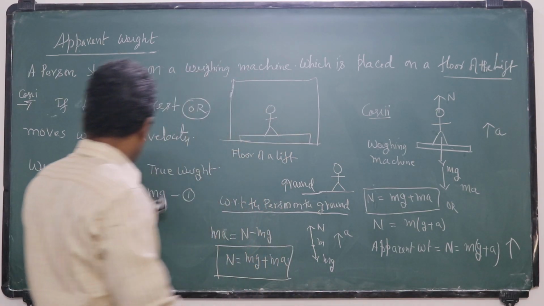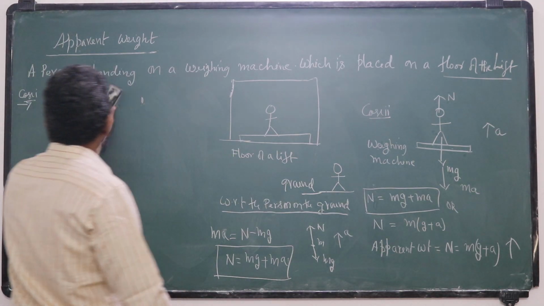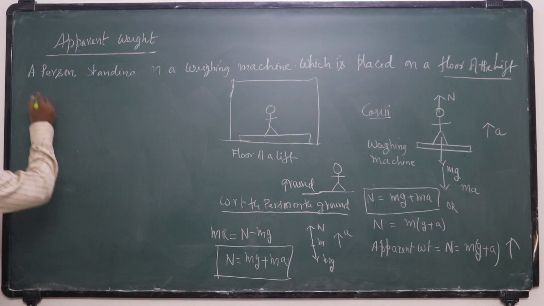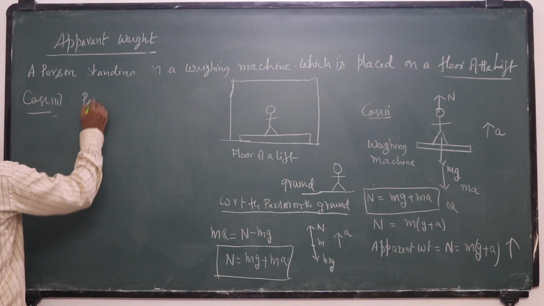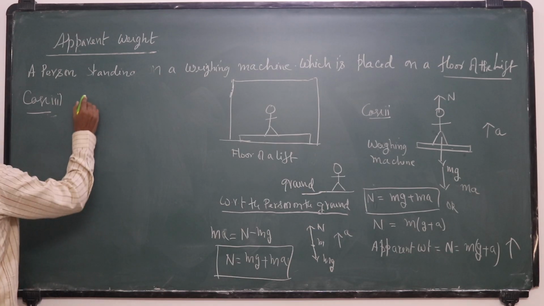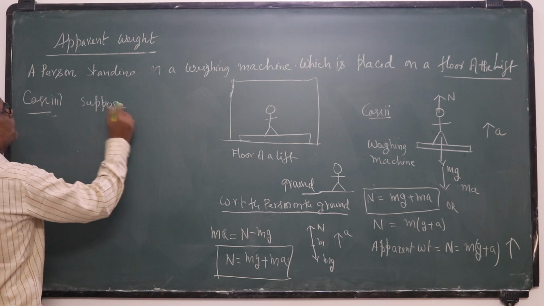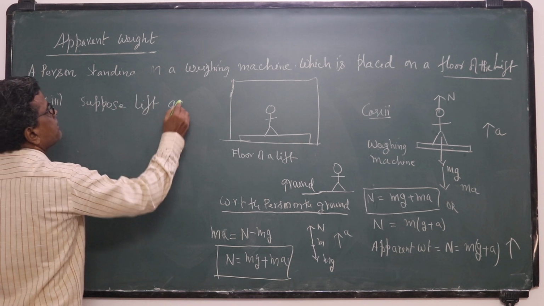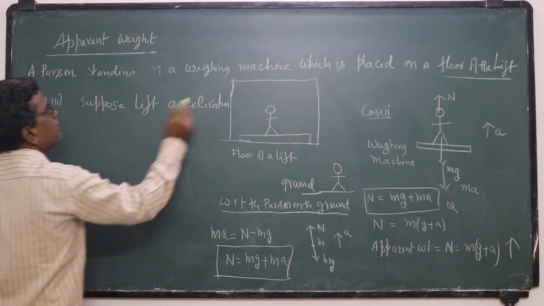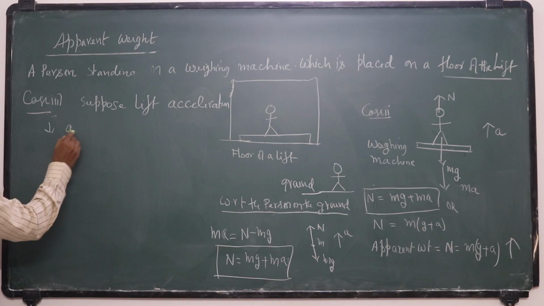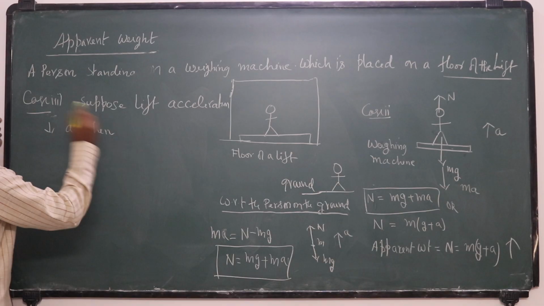Now, this is the first case, case 2. Now, in the next case, case 3, suppose the lift is accelerating down. The lift has acceleration a downward.